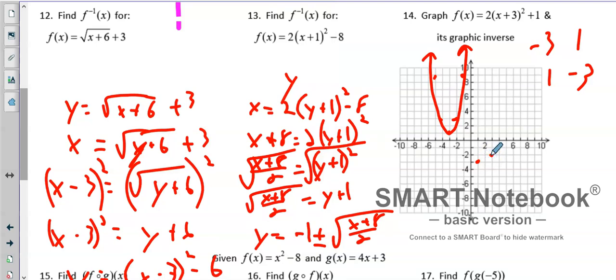And we had negative 4, 3. So we just switch them, and 3, negative 4. And then negative 1, 9 becomes 9, negative 1. Negative 5, 9 becomes 9, negative 5. So you just switch your x and y values, and you have the inverse. That easy.